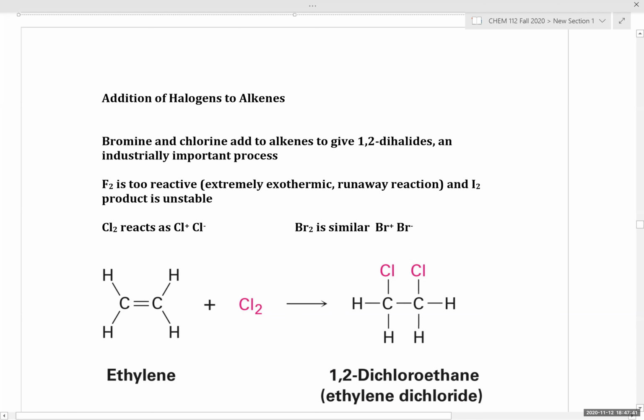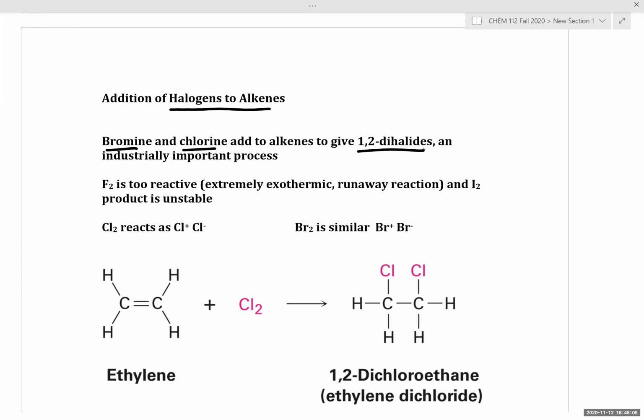Well, we can add halogens to our alkenes, and it was found that bromine and chlorine add to alkenes to give 1,2-dihalides. This is a very important process, and it's also a stereospecific process, depending on your substrate.